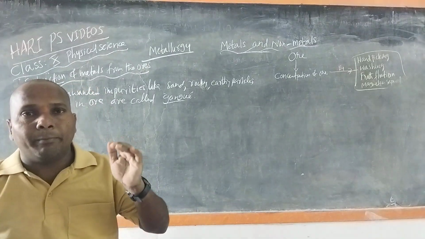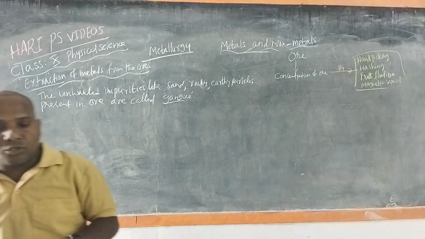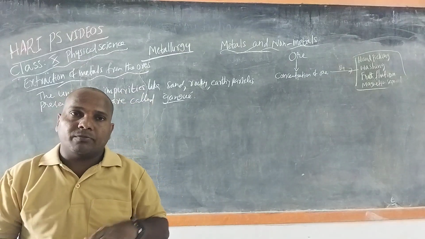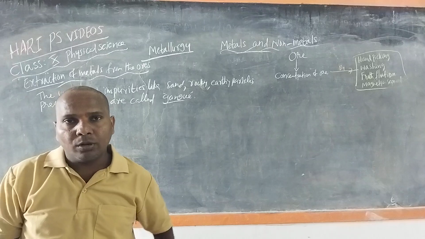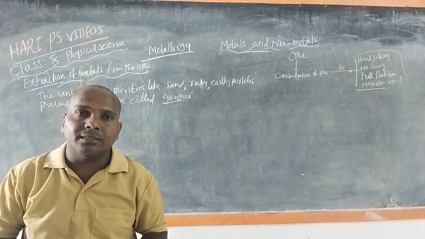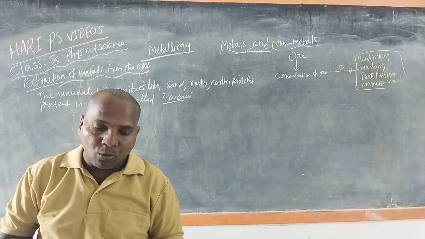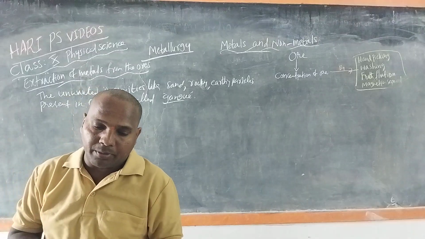Before extracting the metal, it is very necessary to remove the impurities or gangue. The methods for removing gangue depend on what type of gangue is present in the ore, based on its physical and chemical properties.